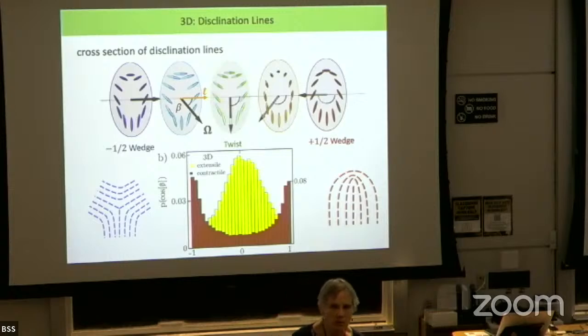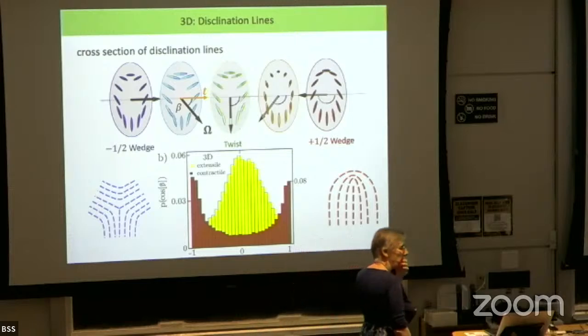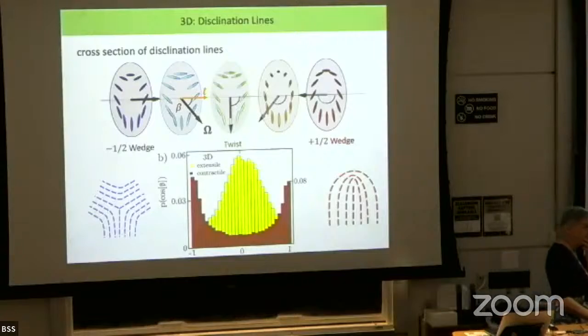I think they would probably make the defects slightly shorter or bigger, but not very much. It would be a small quantitative difference, but not a qualitative difference. But again, I'm washing all this out in this coarse-grained picture.